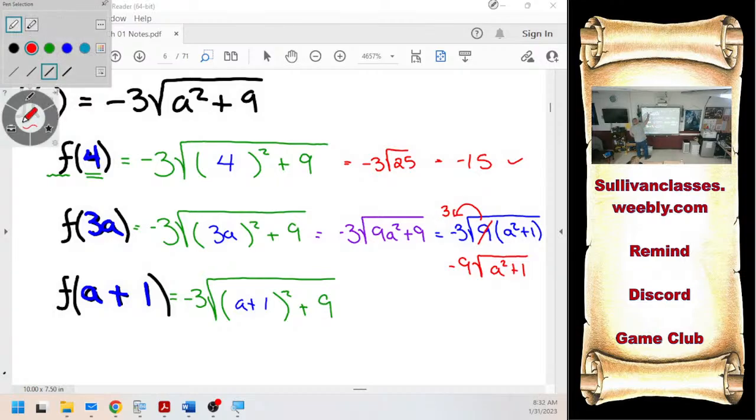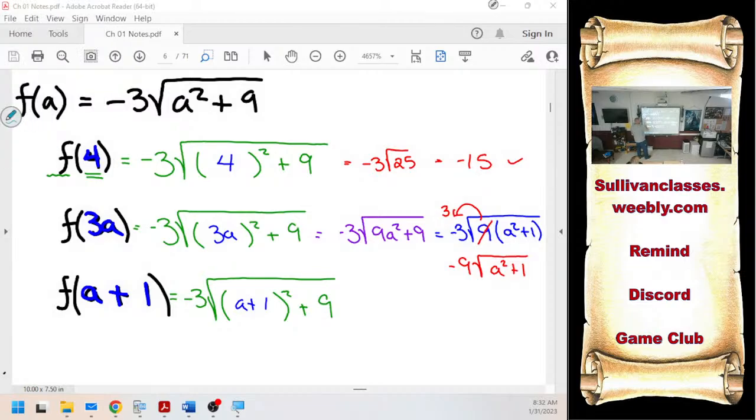Contestant 3. Square, but not like a freshman. Yesterday we said either you need to write out a plus 1 times a plus 1 and go spaghetti monster foil on it, box method, whatever your jam is.